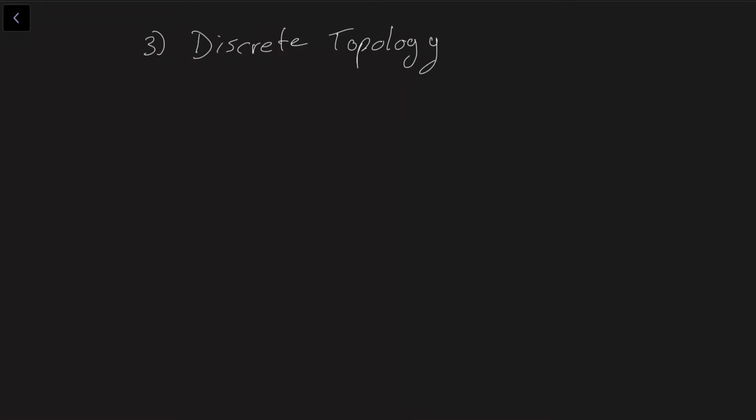For our final example, let's take a look at the discrete topology. Remember, that is the collection of all subsets of a given set X. So we're going to claim that a basis for this is the set of all singleton elements of the set. To check this, we're going to first see that it covers the set X. For any element in X, the singleton containing it contains the point.